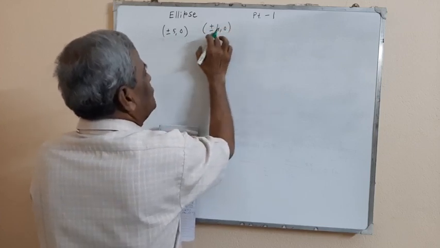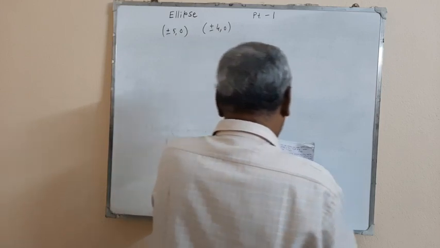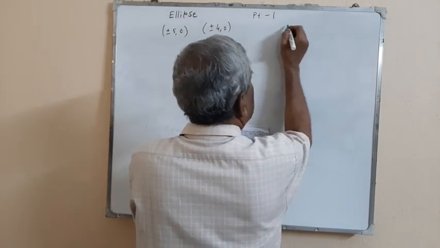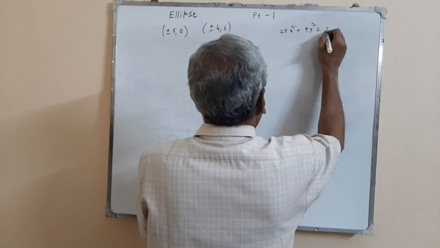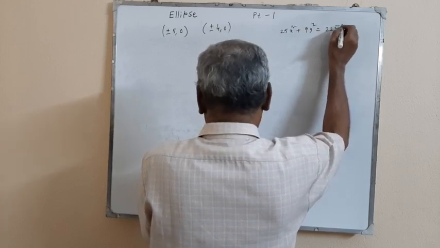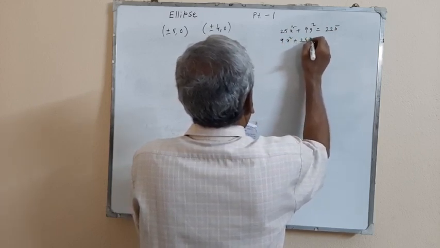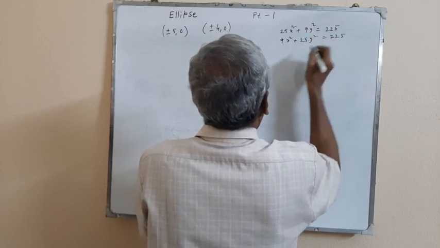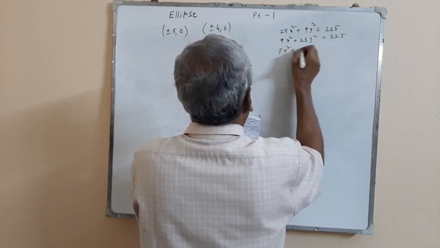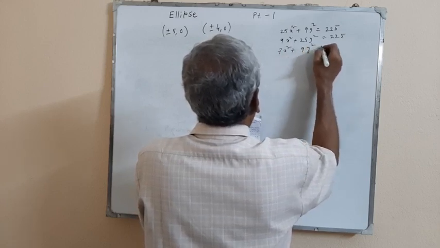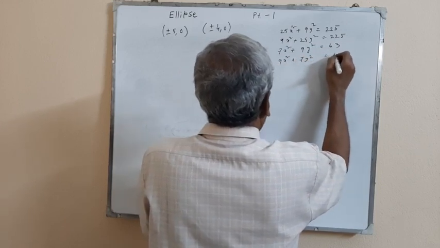These are the vertices, these are the foci of the ellipse. Then its equation is, and there are four options: 25x square plus 9y square is equal to 225; 9x square plus 25y square is equal to 225; then 7x square plus 9y square; 9x square plus 7y square is equal to 63.